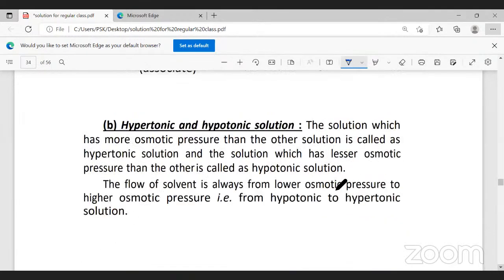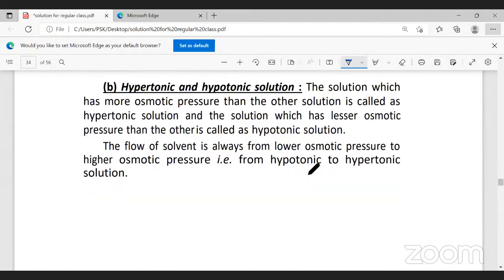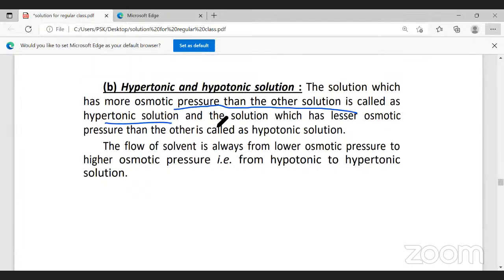Hypertonic and hypotonic solution. What is this hypertonic and hypotonic solution? The solution which has more osmotic pressure than the other solution is called a hypertonic solution. And a solution which has lesser osmotic pressure than the other solution is called a hypotonic solution. For example, if I have two solutions, here the osmotic pressure is pi 2 and here it is pi 1.